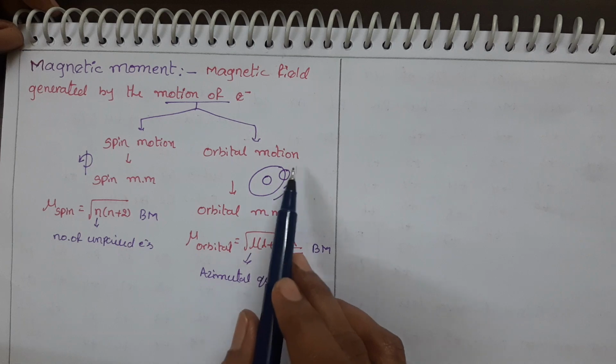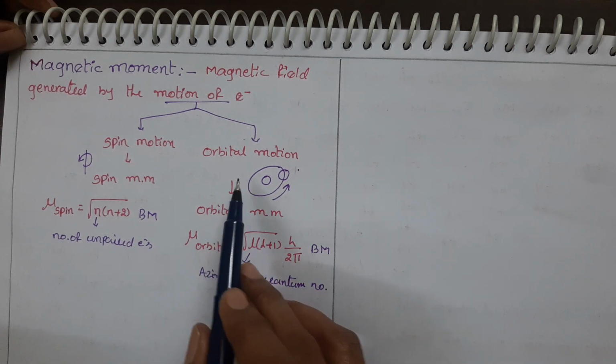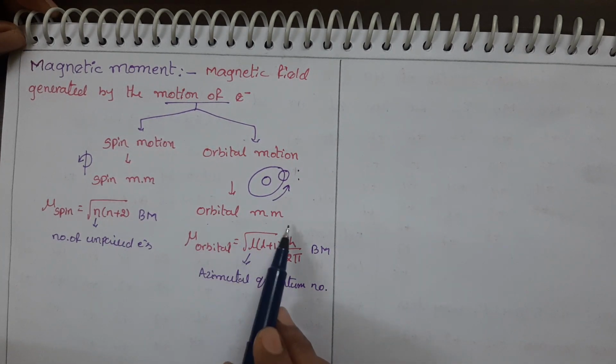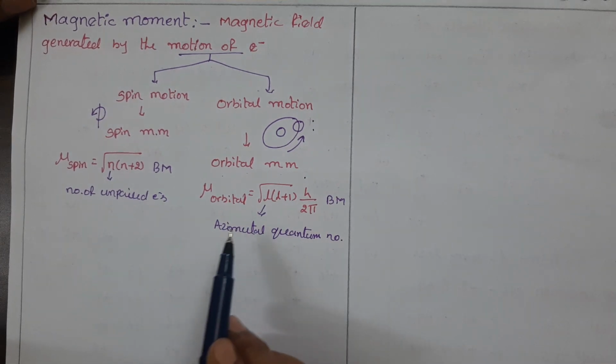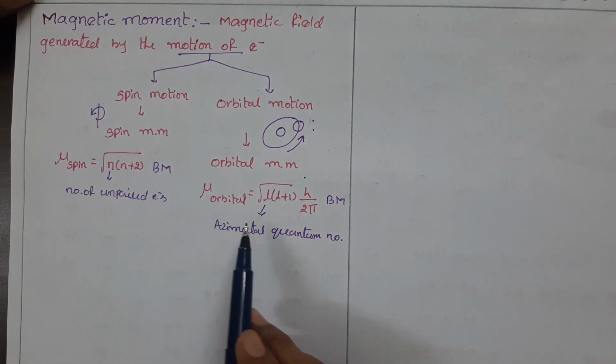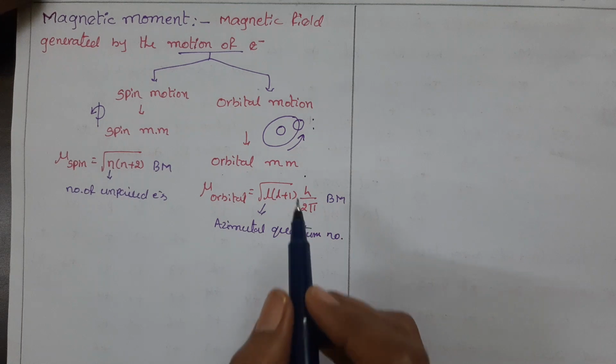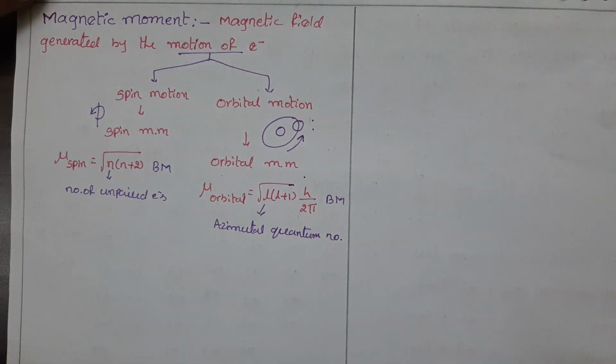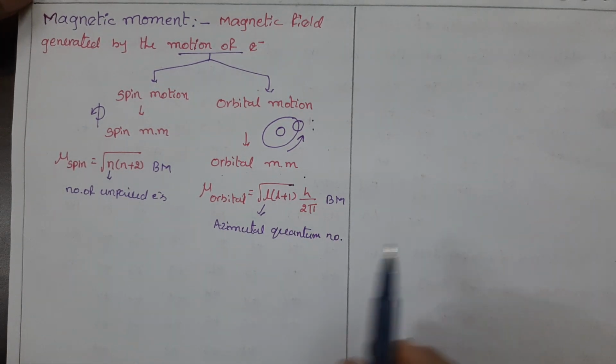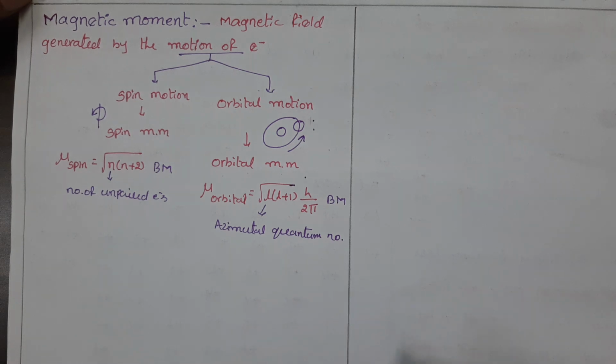Due to orbital motion, it has the orbital magnetic moment, mu orbital equals square root of L into L plus 1 times h by 2 pi Bohr magnetons, where L is the azimuthal quantum number.